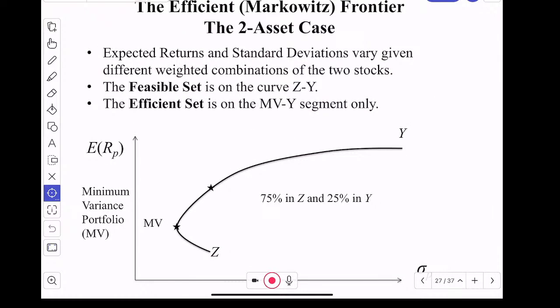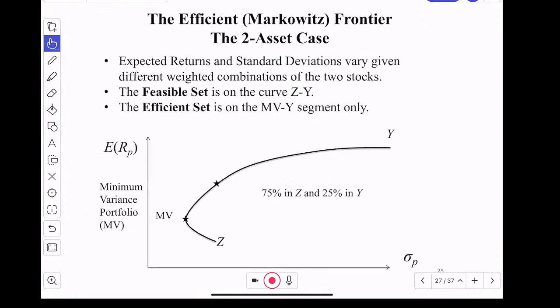All right, so what if we have more assets, not just two? So let's see what we're looking at. Let's summarize what we saw for the two asset case. Expected returns and standard deviations vary given different weighted combinations of the two stocks. The feasible set is on the curve Z to Y, but the efficient set begins at the minimum variance portfolio all the way to Y. Segment only, okay?